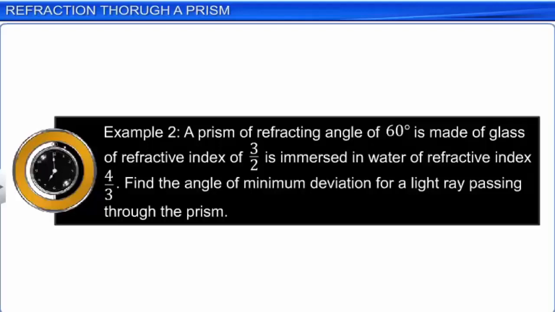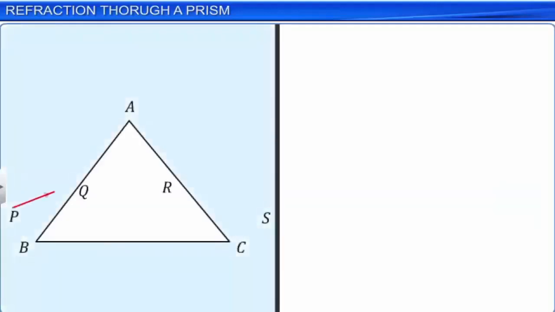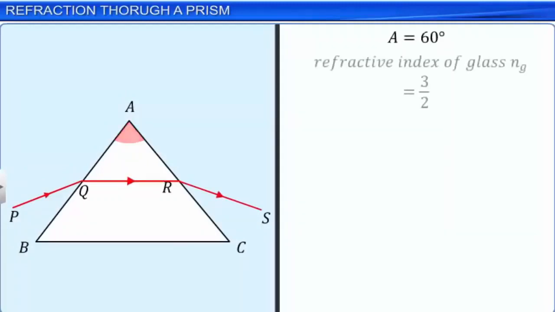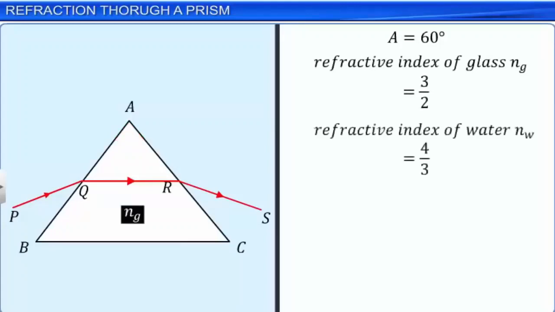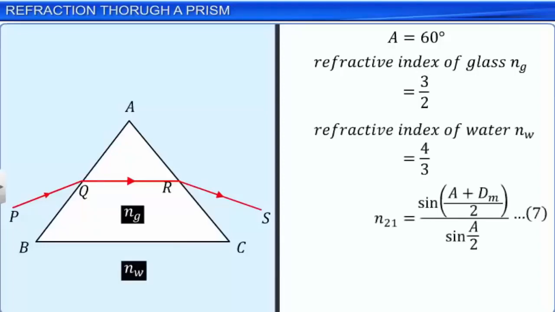On substituting the respective values, we get (3/2) by (4/3) is equal to sine (60 plus dm)/2 by sine 60/2. On simplification, we get dm is equal to 8.46 degrees.